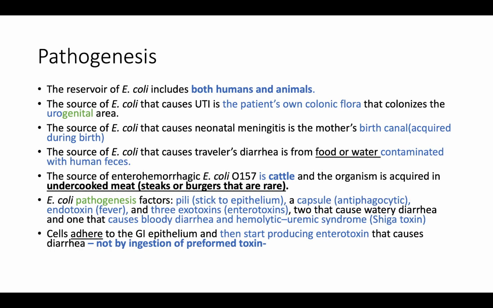So pathogenesis: E. coli is present in both humans and animals. When we were talking about respiratory organisms, we said that humans are the reservoir. When we talk about gut bacteria, both humans and animals are. The source of E. coli that causes UTI is the patient's own flora, usually from the anal canal or the anus right into the urethra.